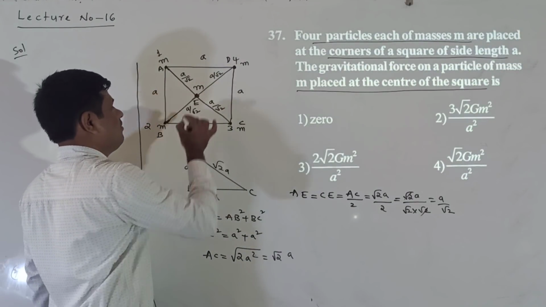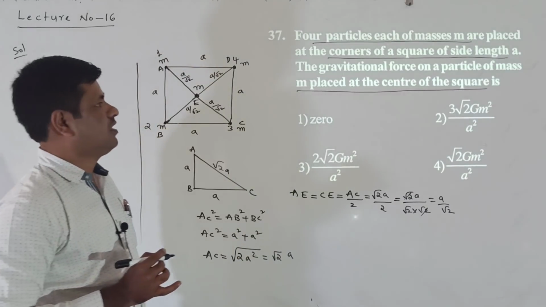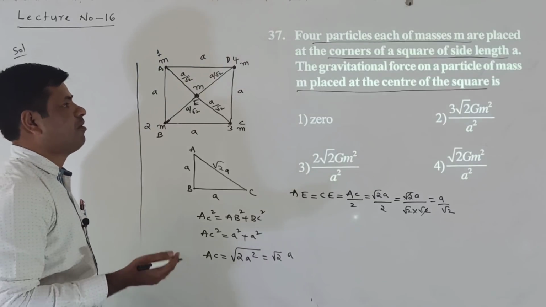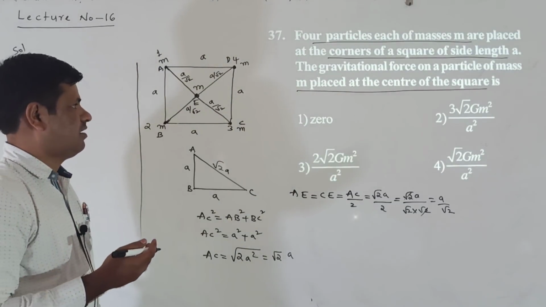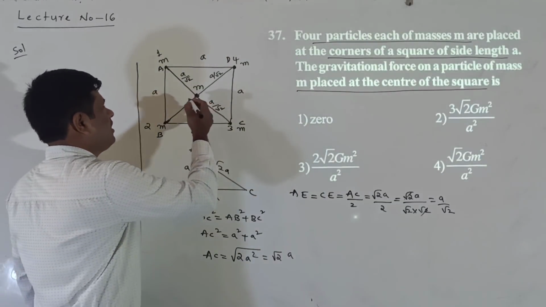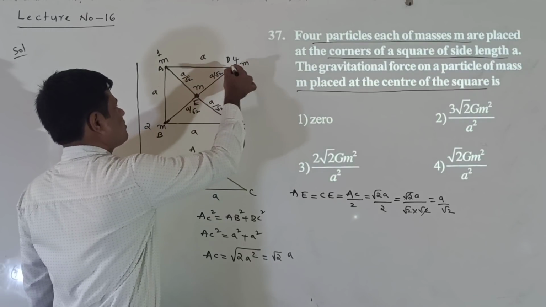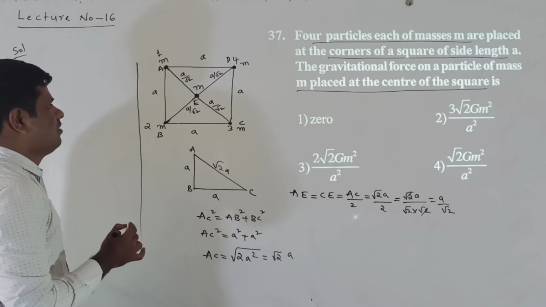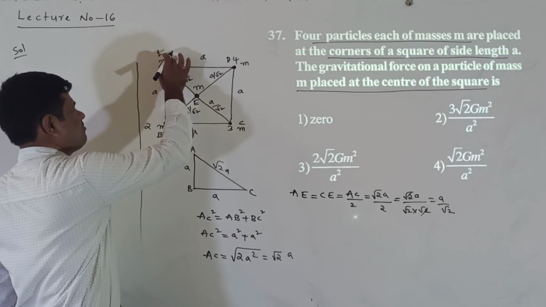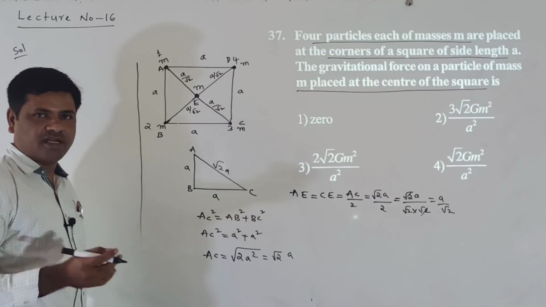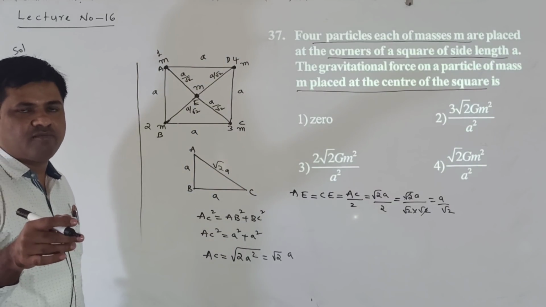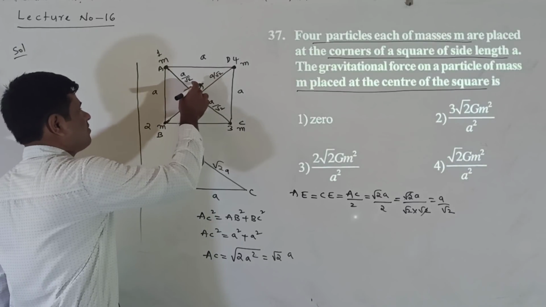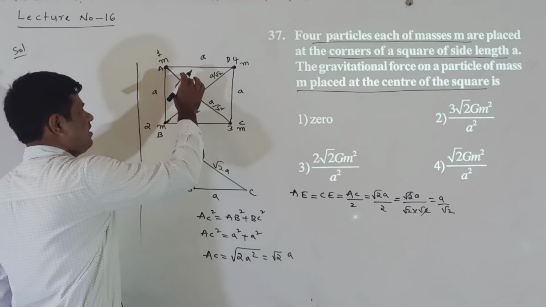Now, the net gravitational force acting on the particle of mass m. What is the net force, it is asking here. You know that already, the gravitational force between two masses. Suppose I consider the first mass. This corner mass is attracting the mass placed at the center.